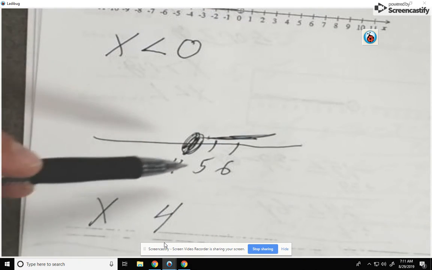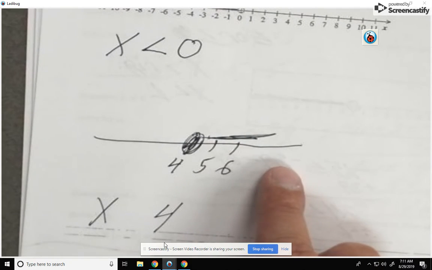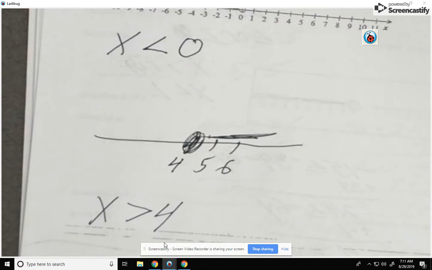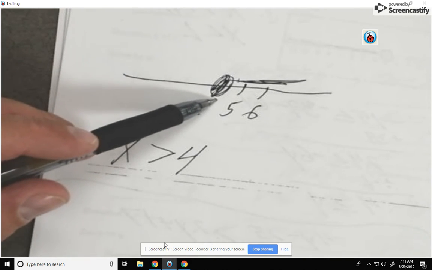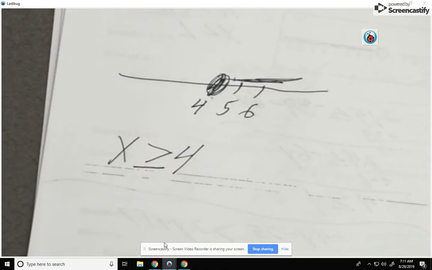So again, we'd have to start off by looking at which way our shading's going. It's going to the right in this case. We know our inequality symbol would open towards our letter. And then since our dot is filled in, we know we need to add the line underneath.